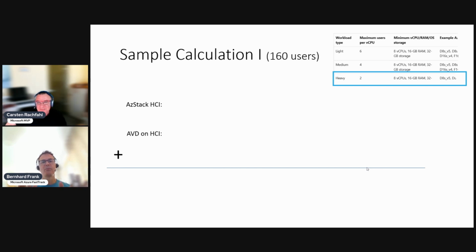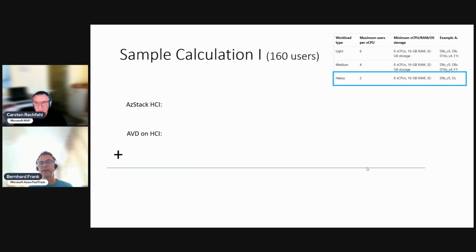Okay, so let's assume we have 160 users we need to serve. Let's also assume that these users should get some performance, and there is a recommendation on how you would do the sizing for a user type in Azure. On the right hand side, you see the virtual machine types in Azure, and how many users you should calculate per virtual CPU.